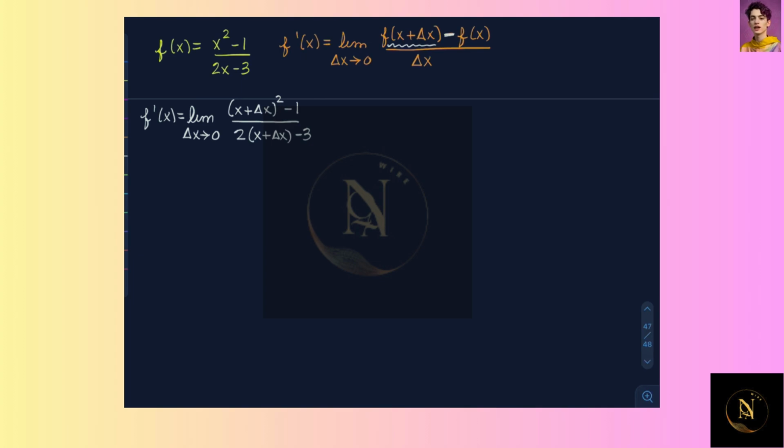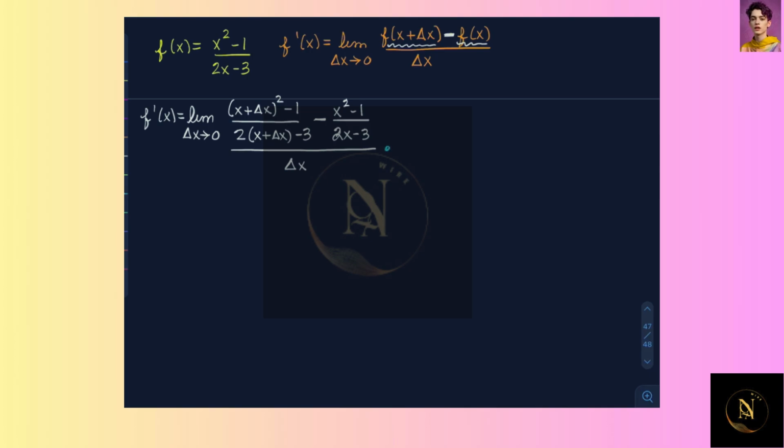And then we have to subtract the original function, which is x squared minus 1 over 2x minus 3, all over delta x. Now, before we could subtract those two fractions in the numerator, we would either need a common denominator or get rid of the denominator altogether.